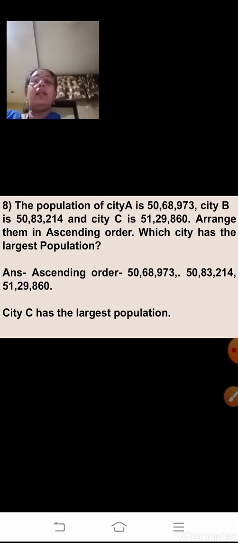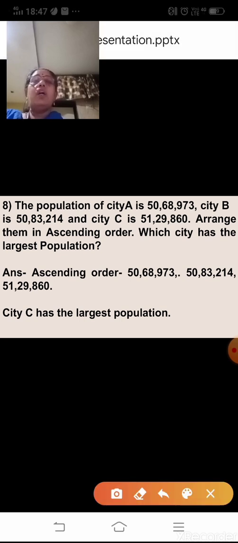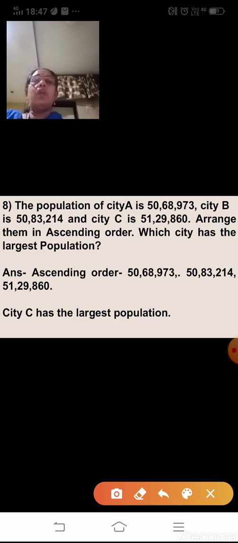This we have already learned in the last class, that is ordering of numbers. Now which city has the largest population? Out of these 3 numbers, 2 numbers have 50 lakh as the first digits.